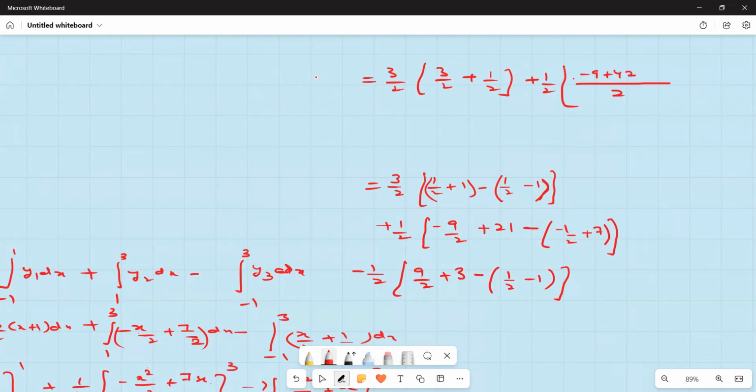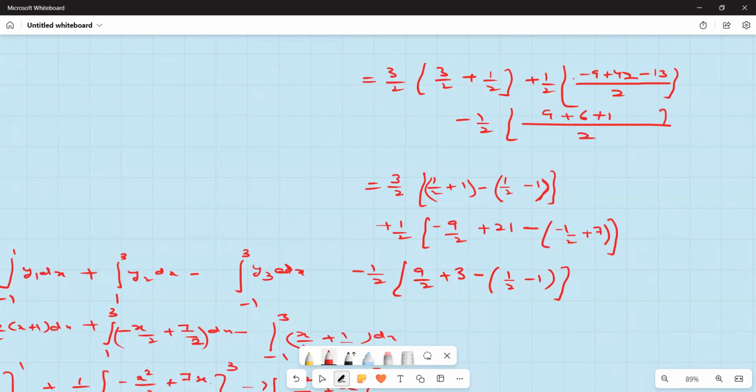And this is going to come as 14 minus 1, 13, 13 by 2. So minus 13, not plus. 42 minus 13, right? Then minus half. This is again, if we take the 2 LCM, so this is 9 plus 6. Here it is minus half, minus half, minus plus half.